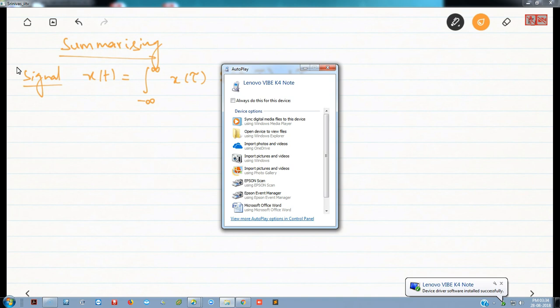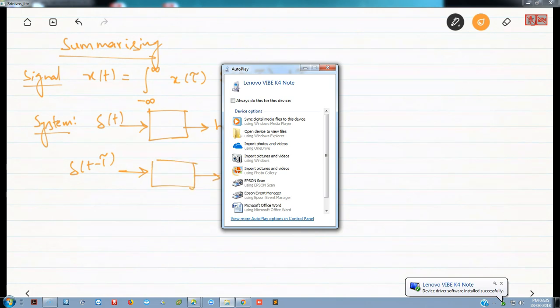So this is the signal, and we have a system producing h of t for delta of t, and for delta of t minus tau, the system produces output h tau of t.